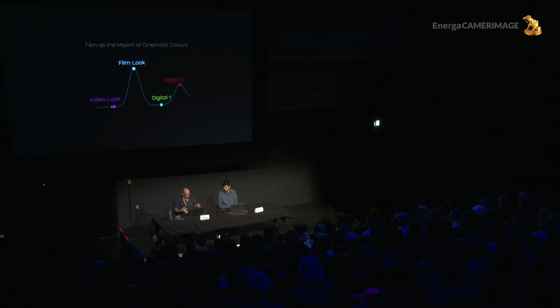The way the cameras and the pipeline were set up led to a certain look, which is nowadays referred to as the video look. Then when DI came in around 2005, and for a decade after, the film look arose, because we shot on film, scanned it, and lasered it back to film, and this was considered aesthetically very pleasing.